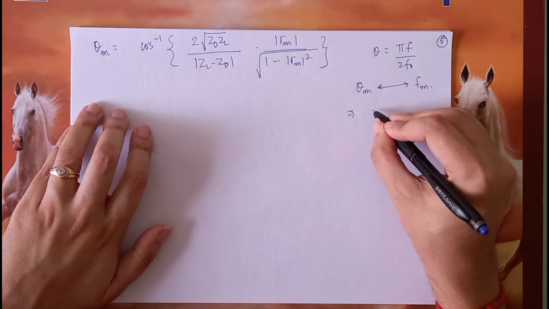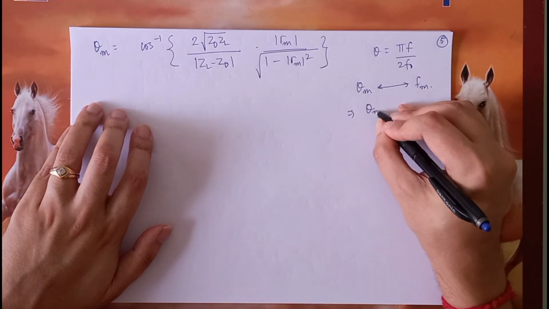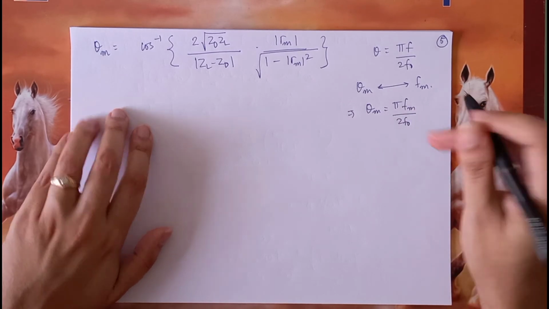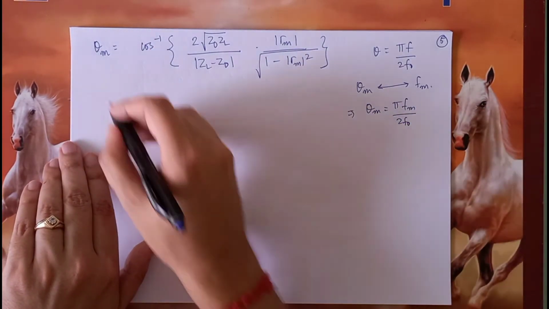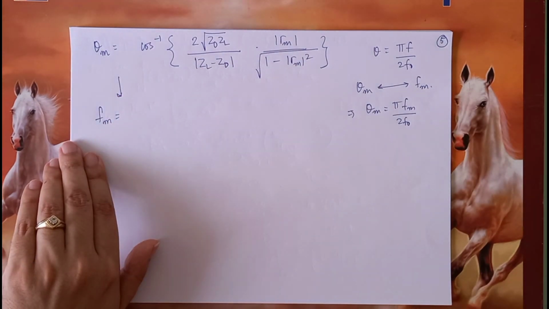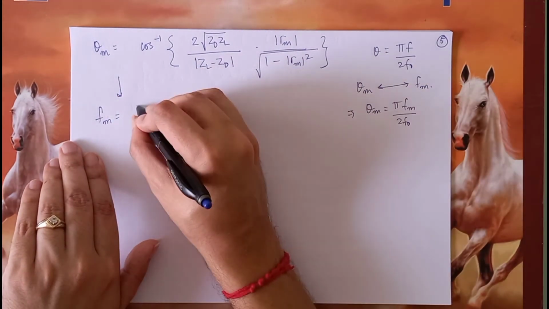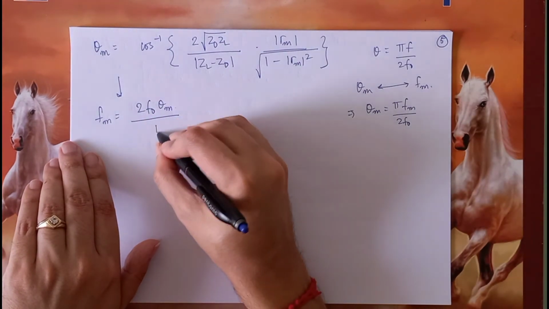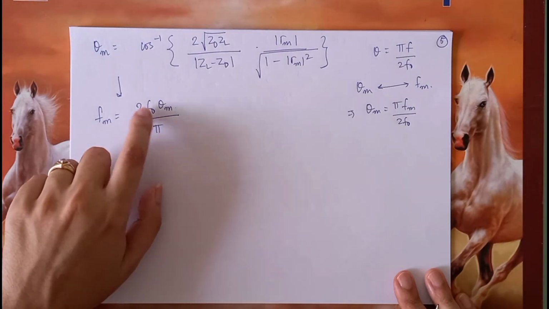So that means theta m is pi fm by 2f0. So from here we get fm is nothing but 2f0 theta m divided by pi, where f0 is the minimum frequency.